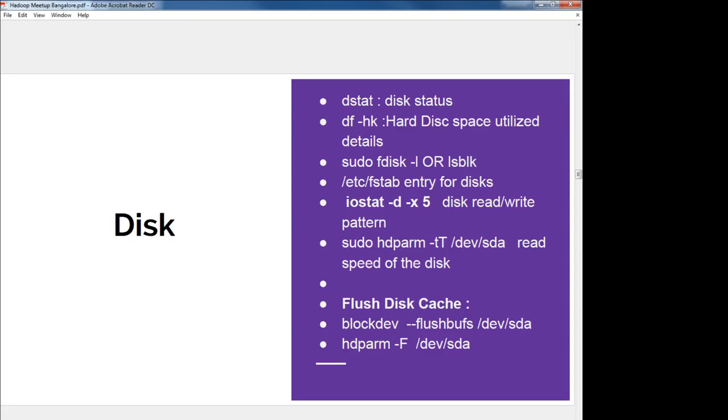If you can tune your disk cache to hold 200 KB, you can really make a lot of difference out there. Because your data is always on the cache, it has gone to disk, but by reading back, OS will first try to read from the cache and then from the disk. So you can make a huge difference if you can tune this particular parameter. Those two commands, blockdev and hdparm -f, they can be used to flush your disk cache.